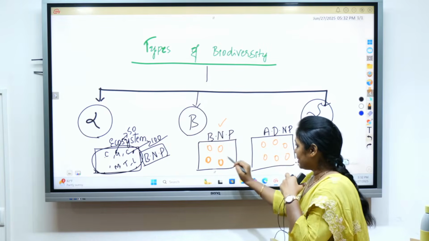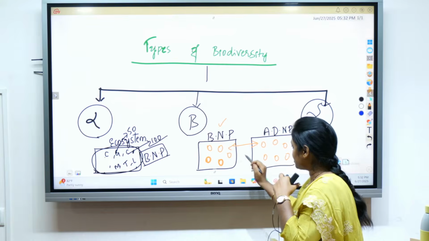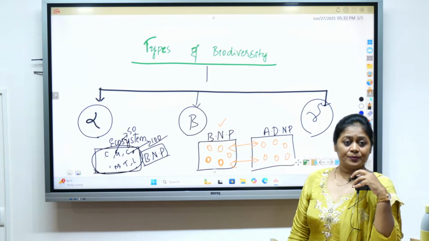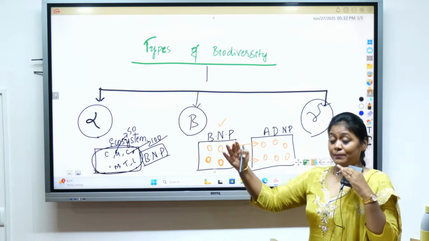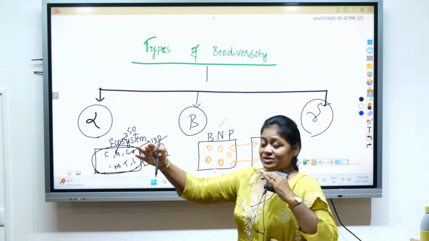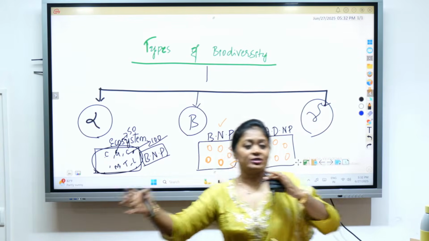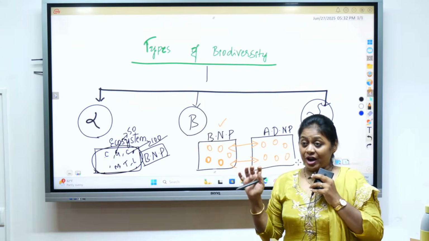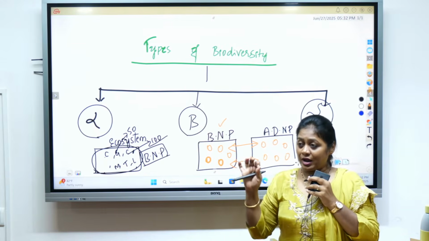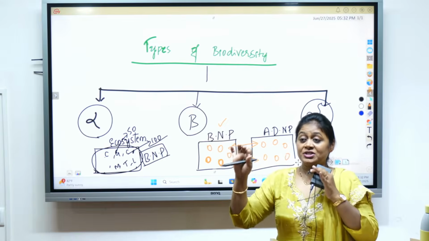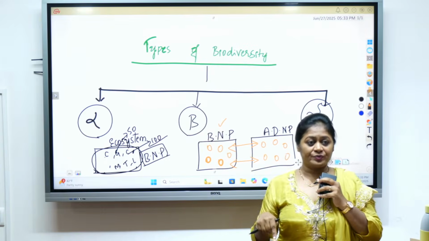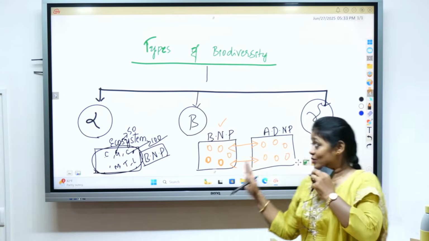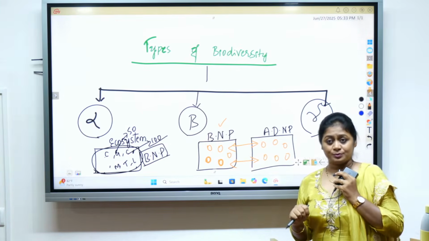If I'm comparing the number of species between these 2 ecosystems, then it is called as beta. If I compare species diversity of one ecosystem with another, then it is beta. If I am estimating the species diversity within a region, that is alpha. Understood?